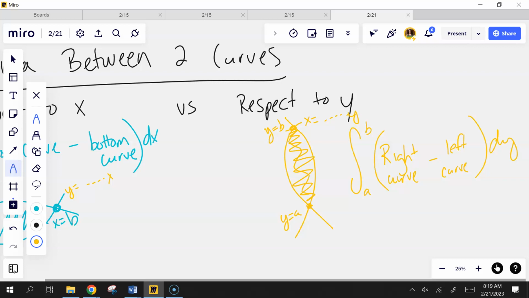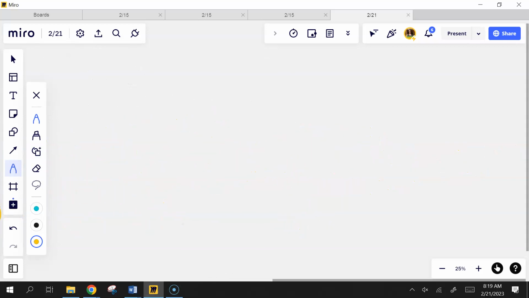Let's do, I'm going to do kind of an easy one first. And we can use our calculators for these too. Some of them lend themselves to calculators. And sometimes we may have to break some areas up.